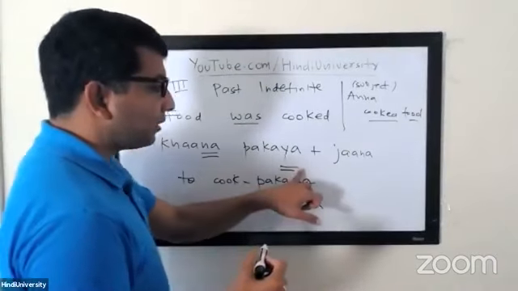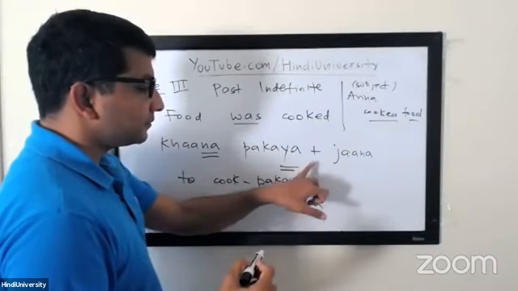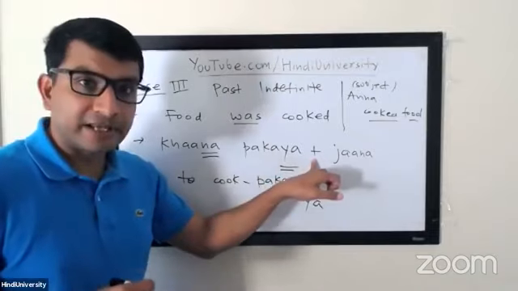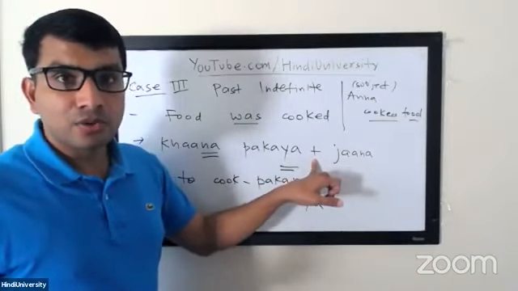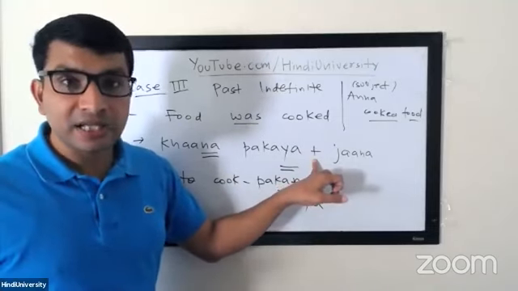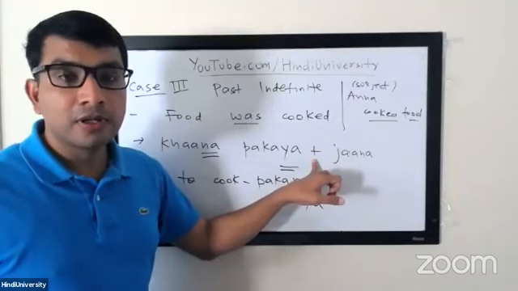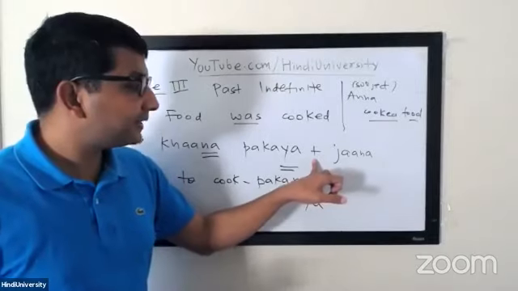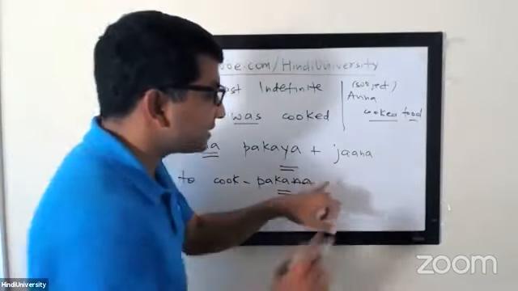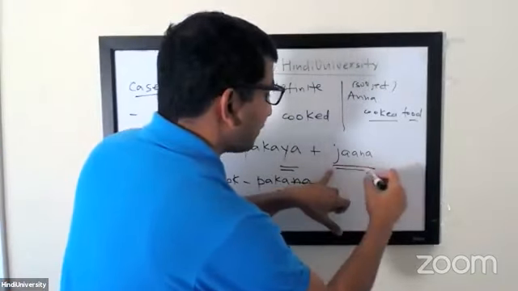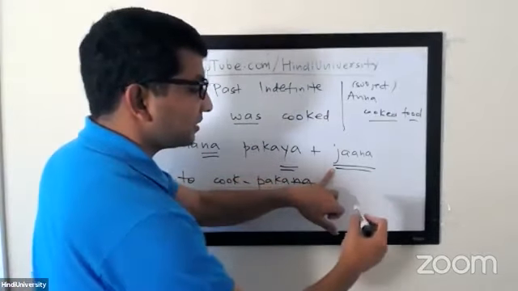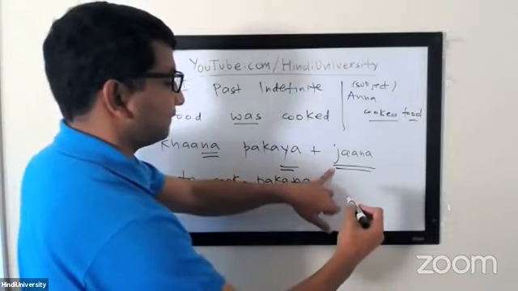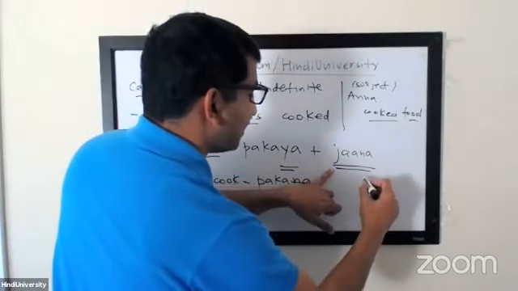Now she's saying, if it is present case, it would be roti pakai jati hai. Or roti pakai ja rahi hai if it is present continuous. But it is past indefinite. So she will use the past form of jana, which is gaya. Khana pakaya gaya.